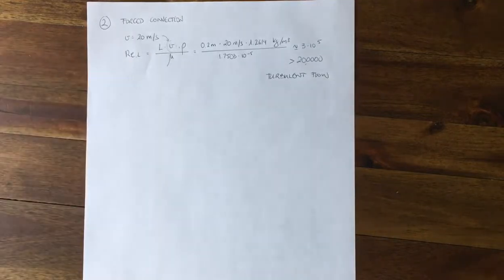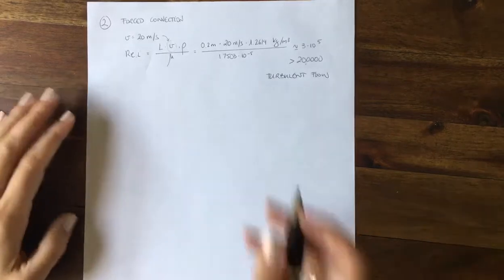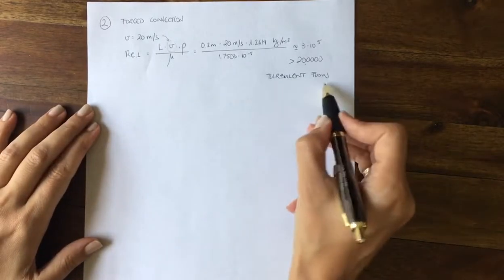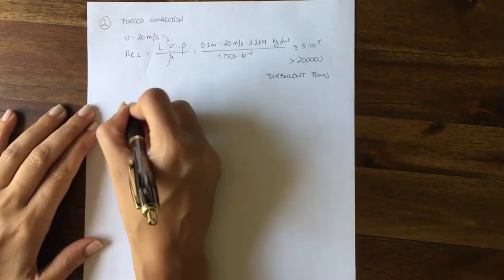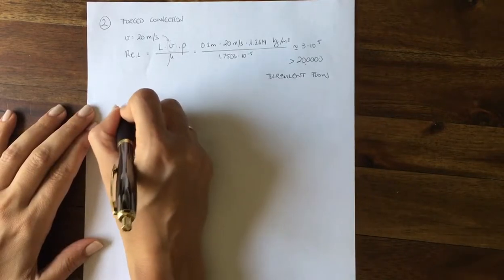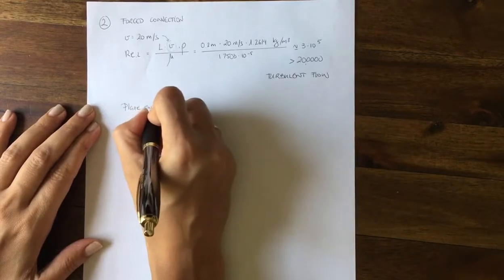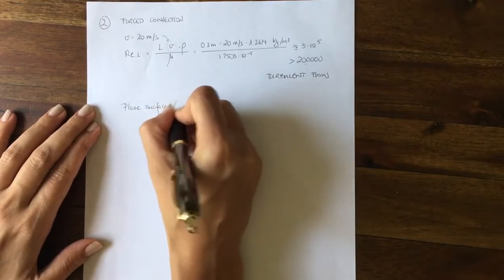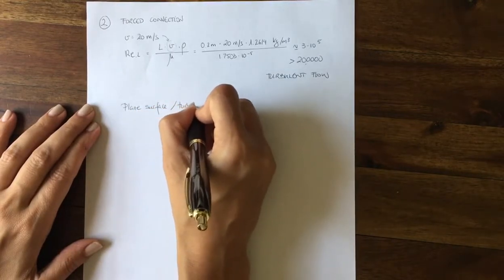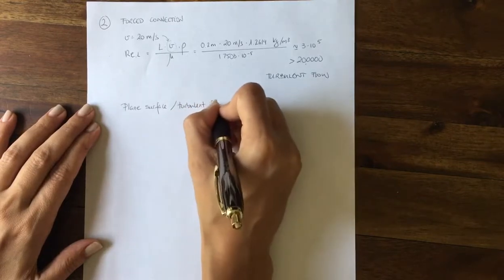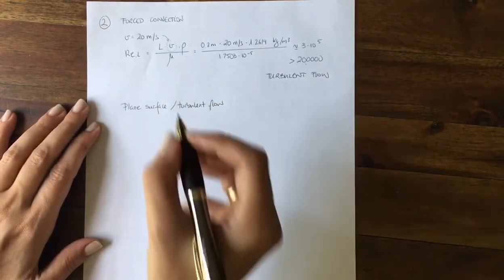If you take a look at the slides from the presentation of the lecture, you can go to the slide that indicates the correlation used for a plane surface having turbulent flow. And it's this here.